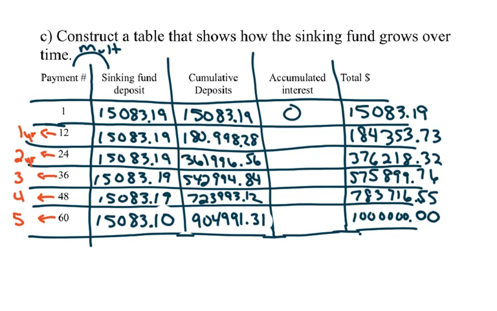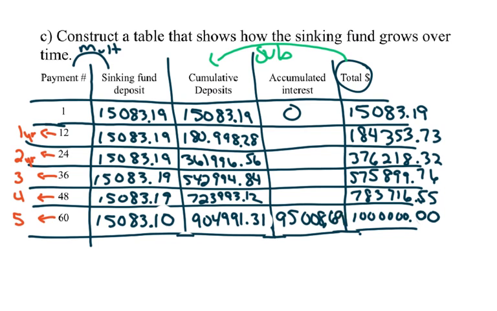Now, in order to get the accumulated interest column, we take the total column and we subtract the cumulative deposits. So starting on the bottom, if we took the million minus the $904,991.31, we're going to get $95,008.69.